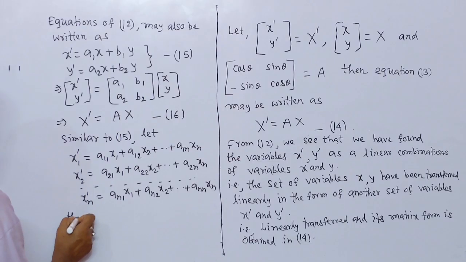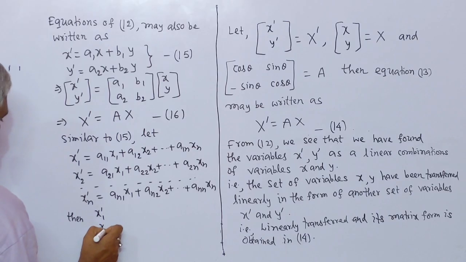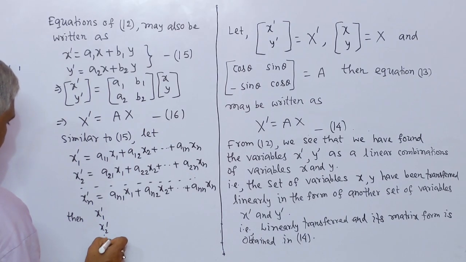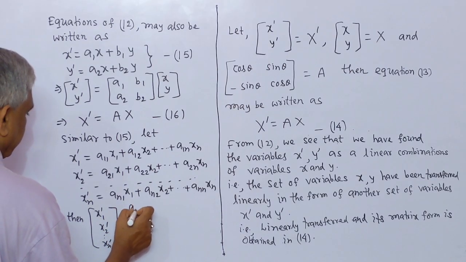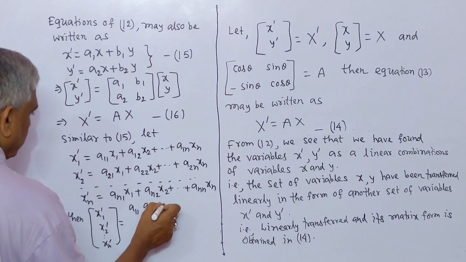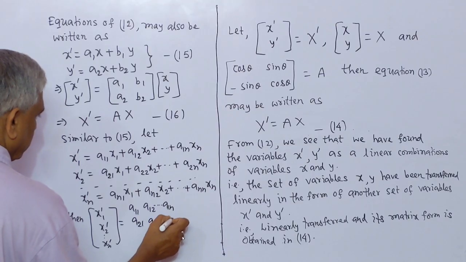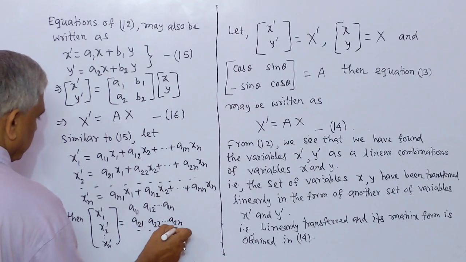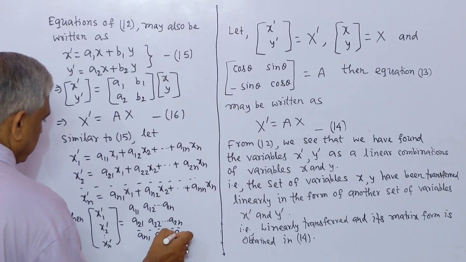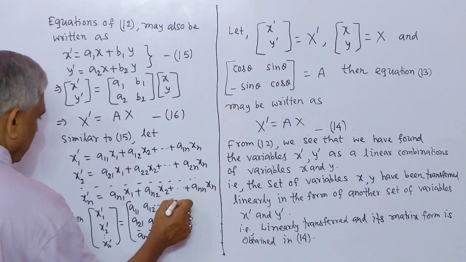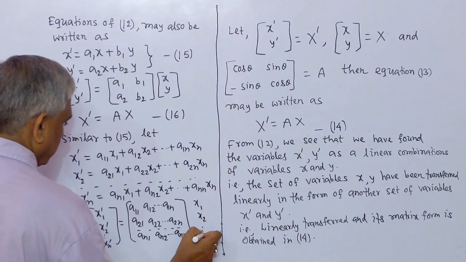Then the column matrix x1 prime x2 prime dot dot dot xn prime equals the coefficient matrix a11 a12 dot dot dot a1n, a21 a22 dot dot dot a2n, dot dot dot, an1 an2 dot dot dot ann, times the column matrix x1 x2 dot dot dot xn.